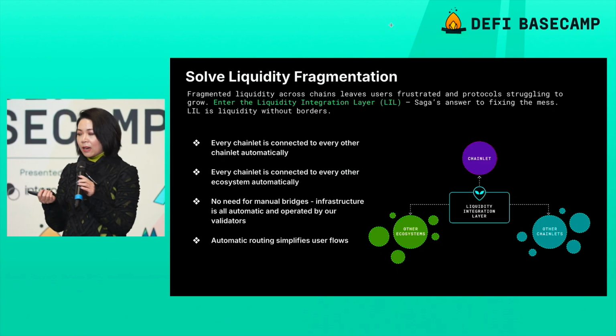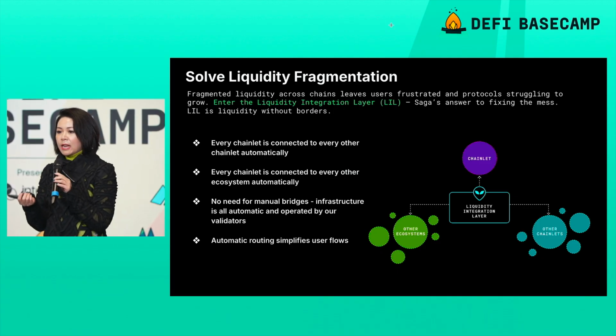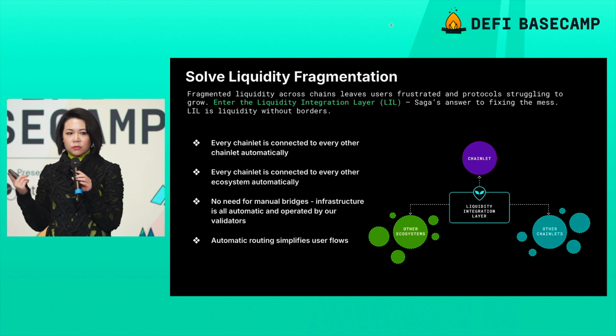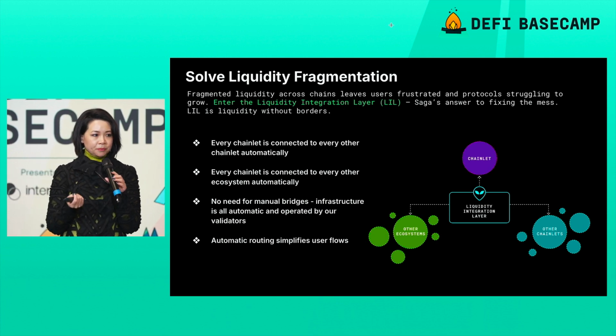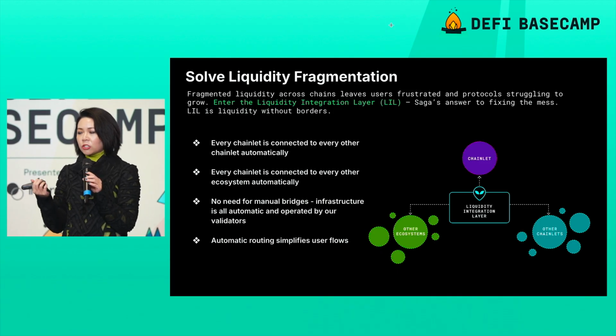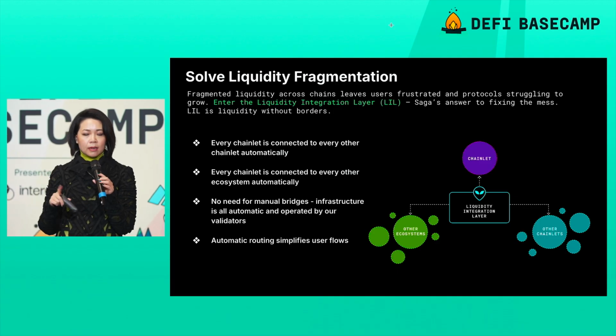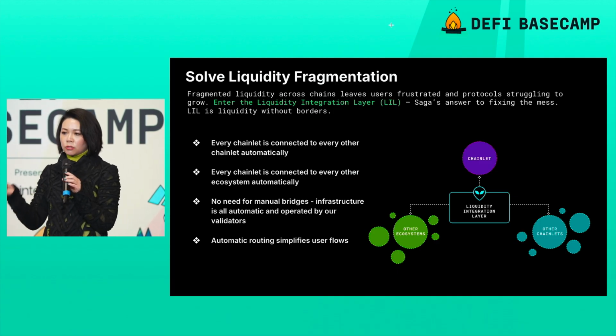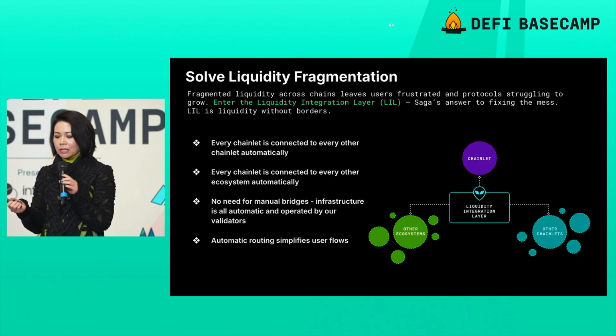So what we have done with the liquidity integration layer is that all assets can freely transfer between the different chains within Saga. That's table stakes. But it is also the case that all chains on Saga can have their tokens transfer freely in and out of the Saga ecosystem, period. And you can also transfer in tokens from outside of Saga to any one of these chains.